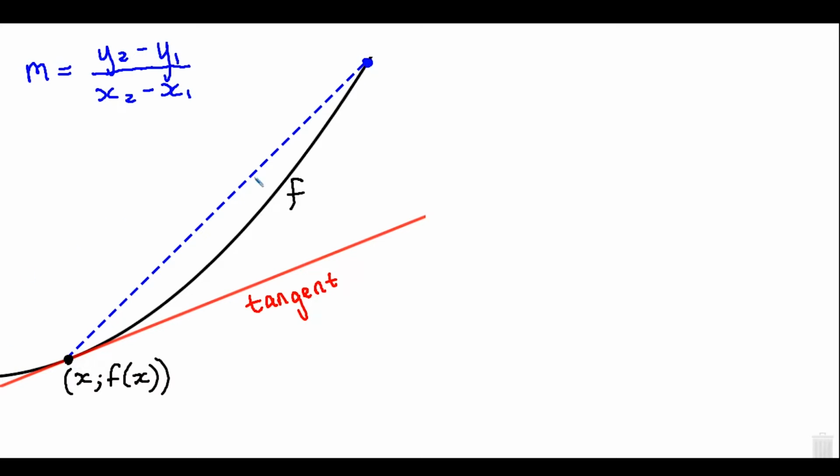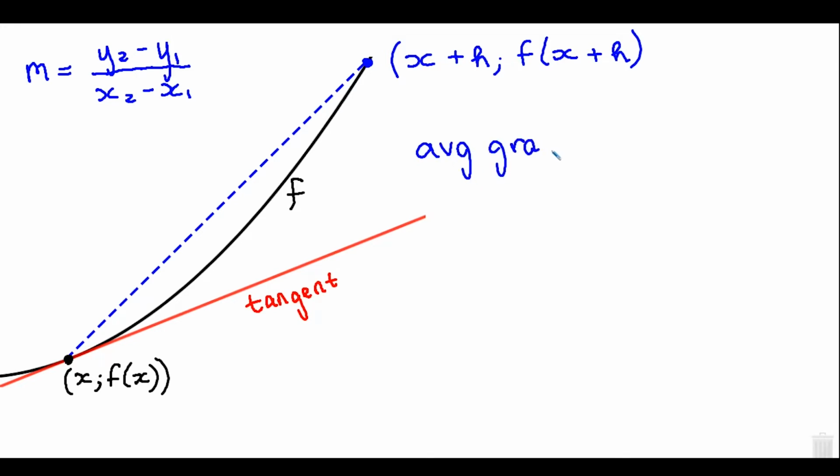Now, once we've written down our gradient formula, let's do that now. Let's take our other point a little bit further away at x plus h. So we're just going h units further across, and the y value would be f of x plus h. If we find the average gradient using those 2 points, it will look like this.